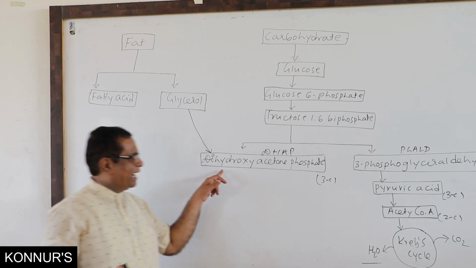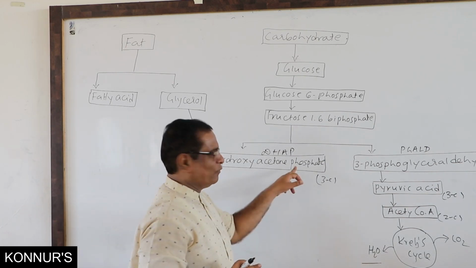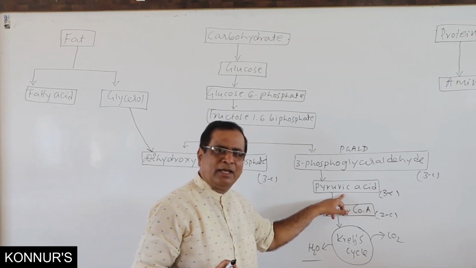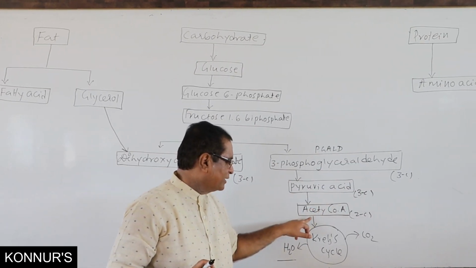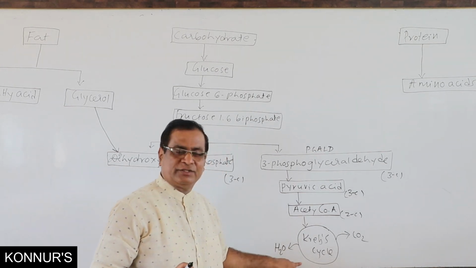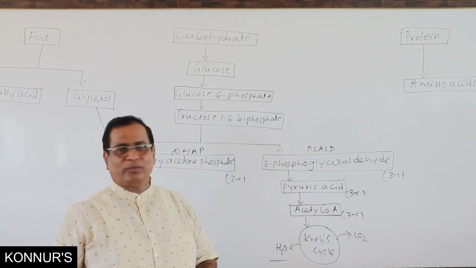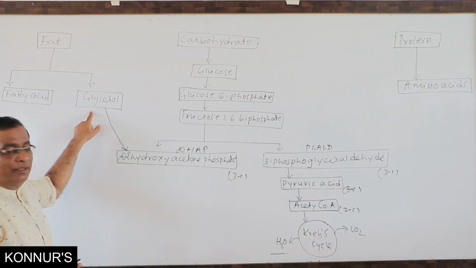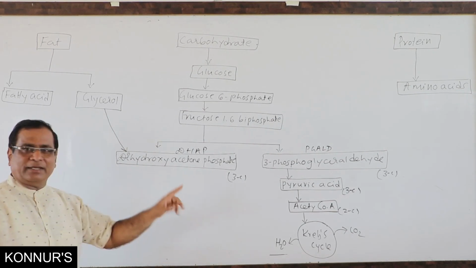Then this dihydroxyacetone phosphate becomes 3-phosphoglyceraldehyde, that becomes pyruvic acid, and pyruvic acid becomes acetyl coenzyme A, and it enters into the Krebs cycle. This is the entry of one of the monomers of fat.